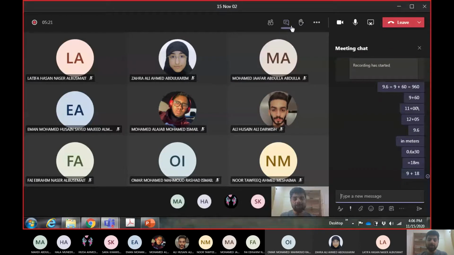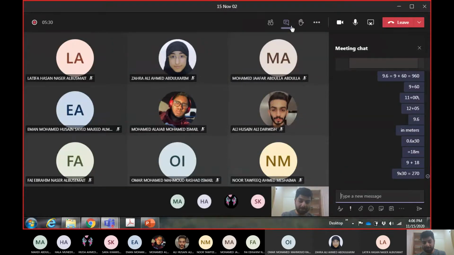So 9 stations means 9 into 30, which is 270 meters, plus 18, which makes it 288. So 9.6 will mean 9 plus 18, meaning 288 meters.